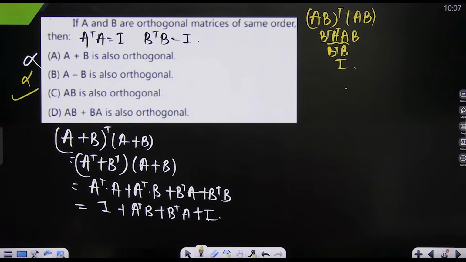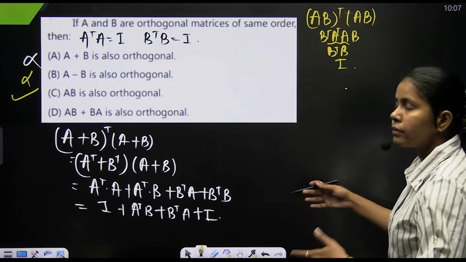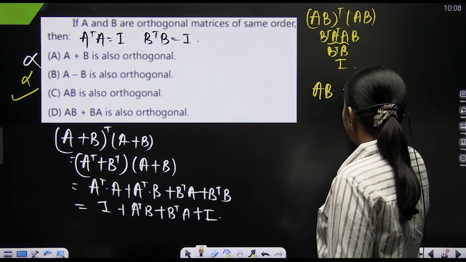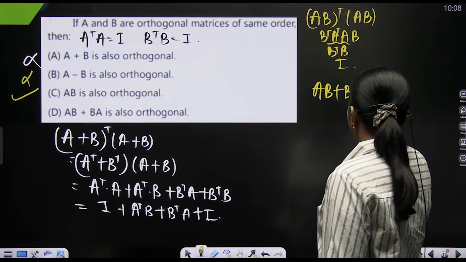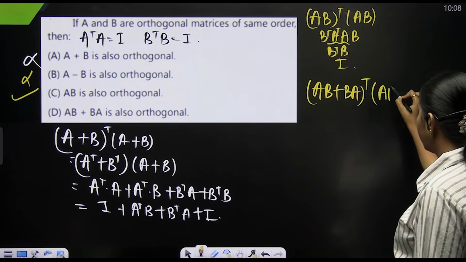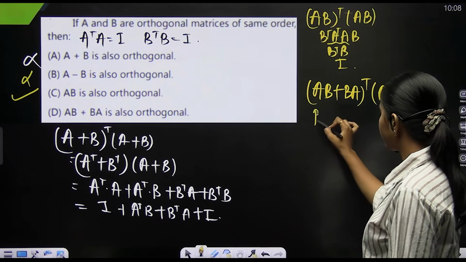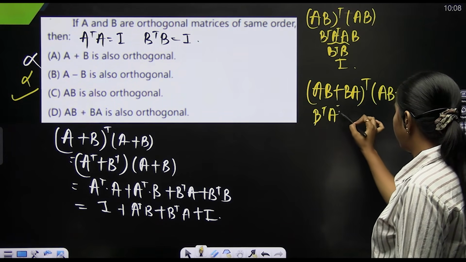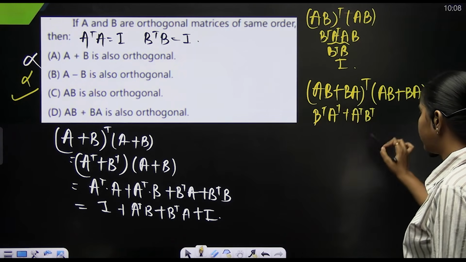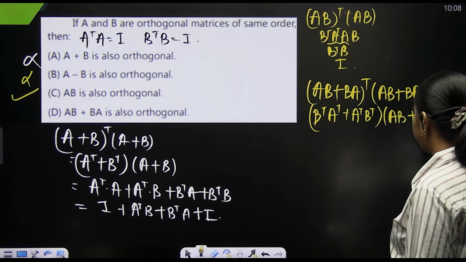Let's check for D, because there might be a possibility. This question can be MSQ, because there is nothing mentioned here. So let's check for AB plus BA. You would take a transpose of this and multiply it with AB plus BA. So B transpose A transpose plus A transpose B transpose, because the transpose of A plus B is done, and you would multiply it with AB plus BA.